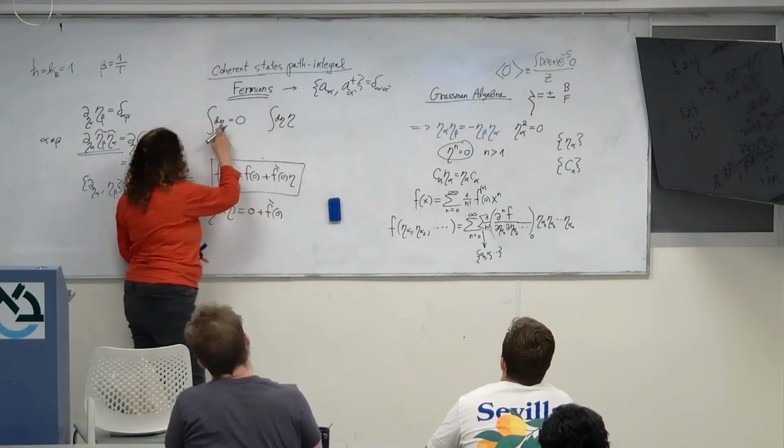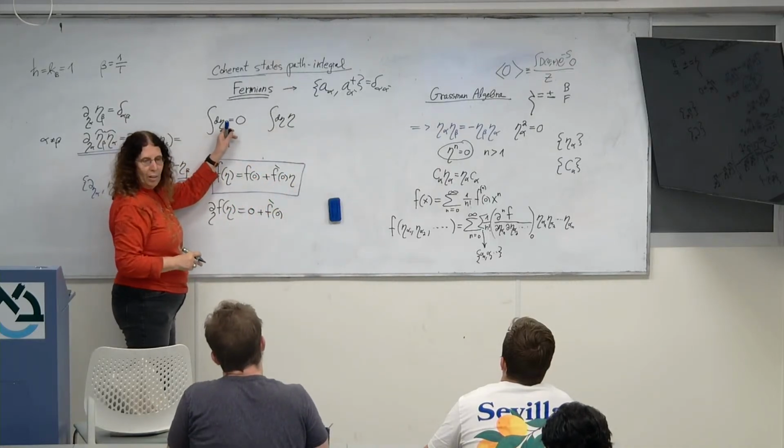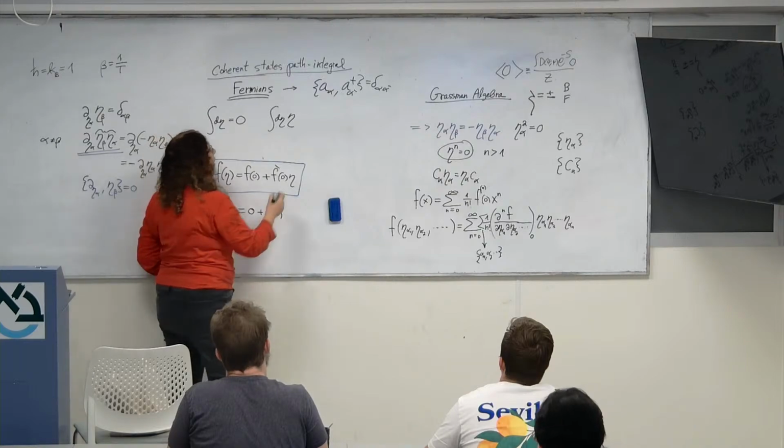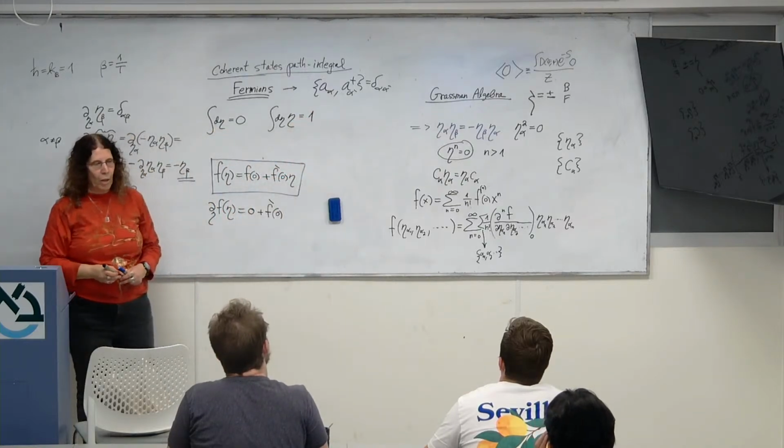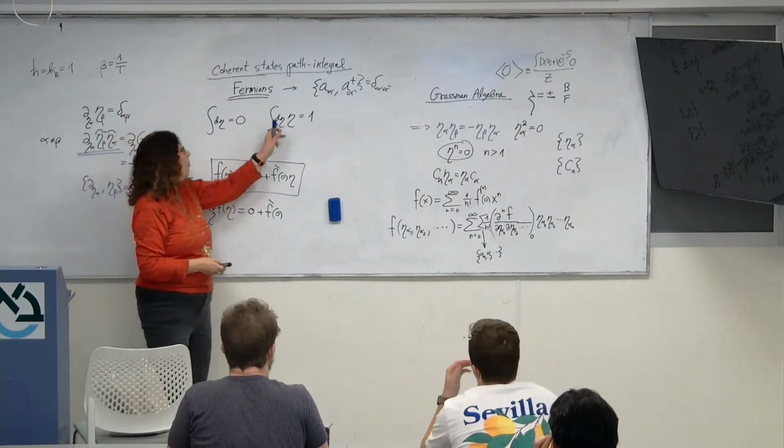So if you look at this, the integral over eta, this is like an integral d eta over 1. This is an integral over eta. This is 1, if eta is the same eta, of course.